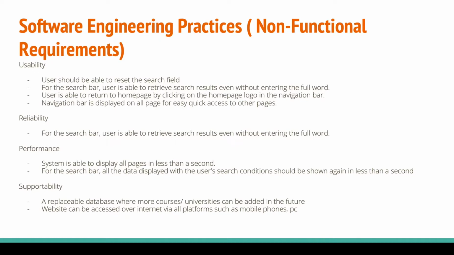For the search bar as well, the data is displayed with the user's search condition again in less than a second. In terms of supportability, we have a replaceable data where in the future, if you have more courses or universities, it can be easily added. And lastly, this website can be accessed over internet through various platforms such as mobile phones or your PC.